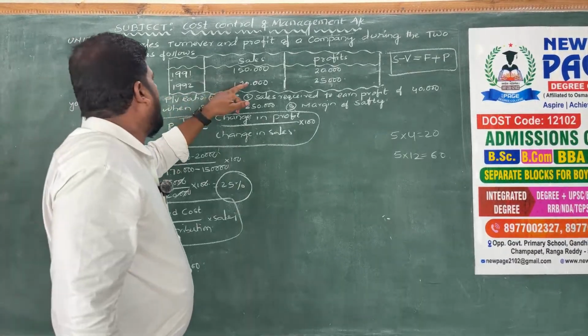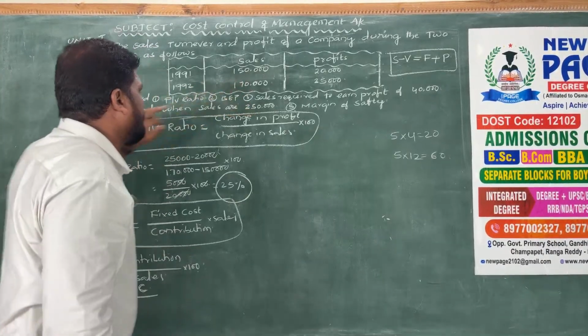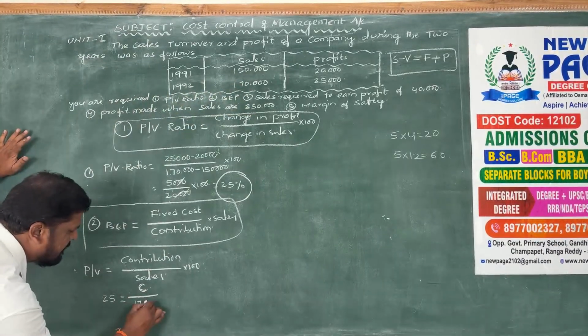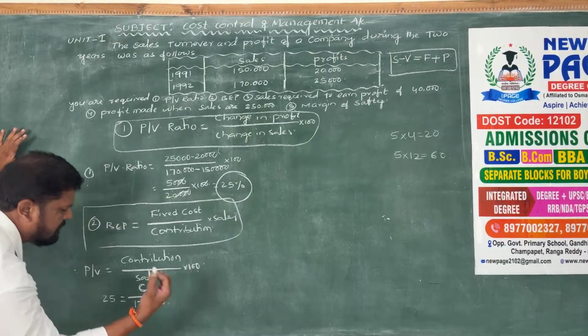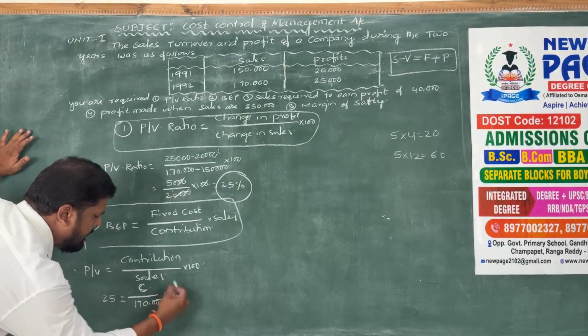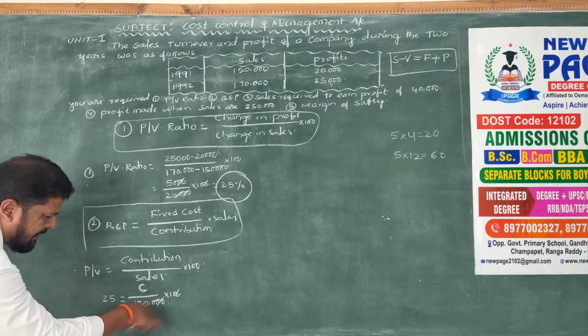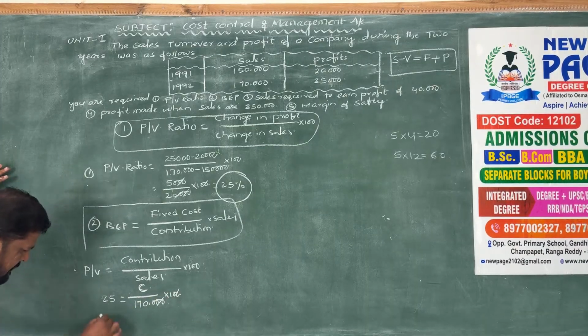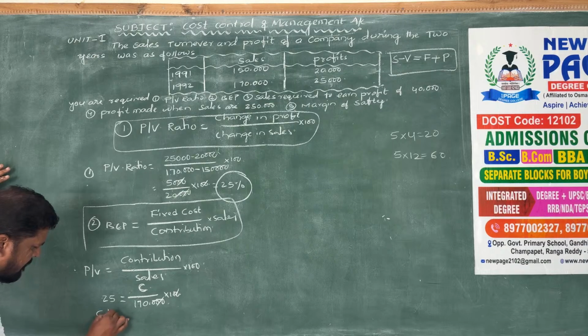So we have to take the current year 1992 sales, 1,70,000 into 100. Right? Two zeros cancel. Okay, let's do the cross multiplication.